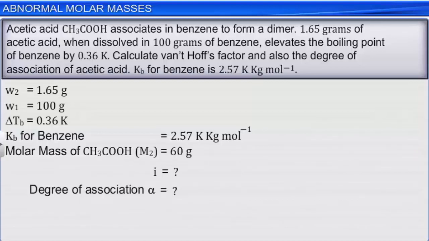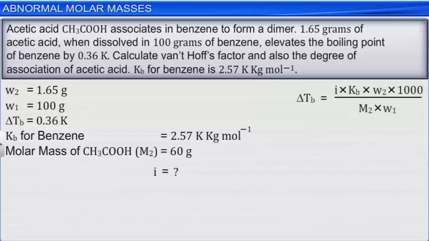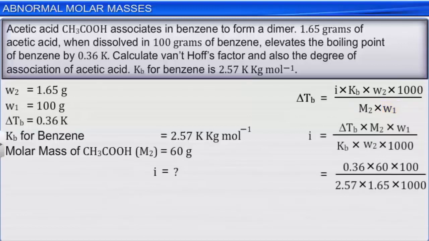Substitute these values in the modified equation for elevation in boiling point. Elevation of boiling point delta Tb is equal to i multiplied by Kb multiplied by W2 multiplied by 1000 divided by M2 multiplied by W1. On solving for i, we get Van 't Hoff's factor i is equal to 0.5093.